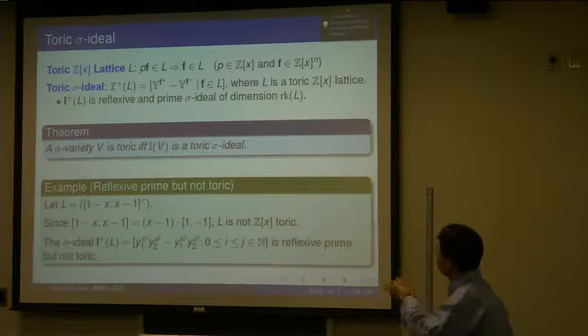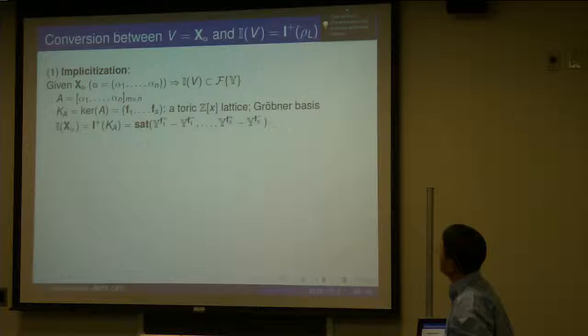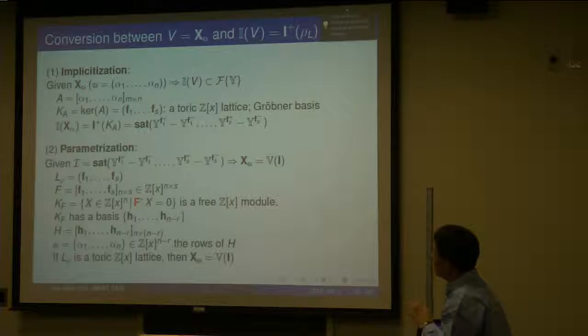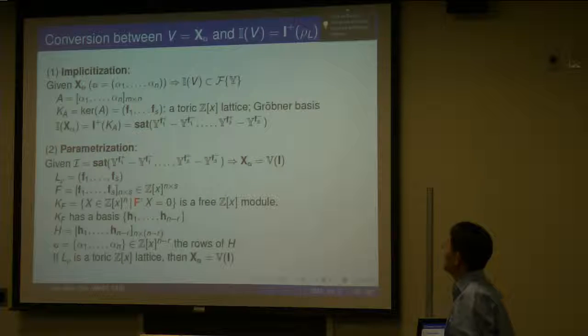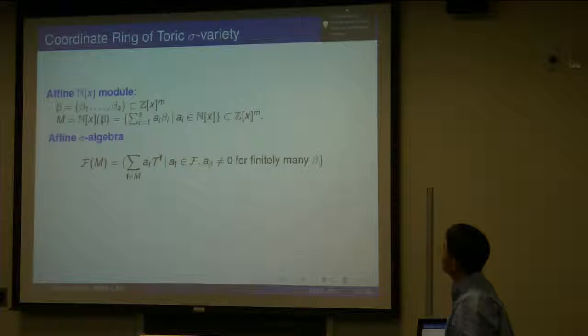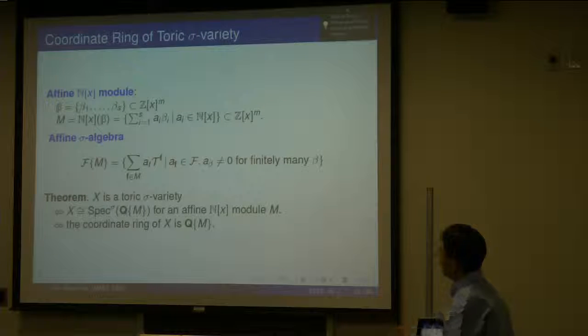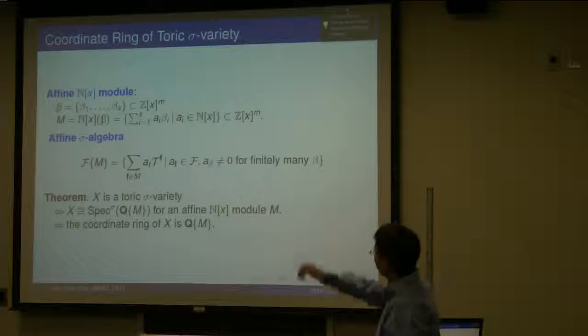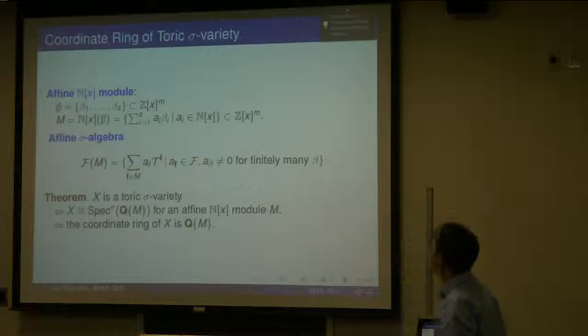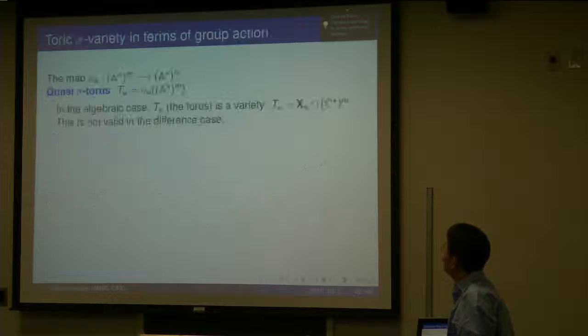So these are similar results. Here the algorithms are real; we can do real computation. We can also know the coordinate ring of a toric variety, which is something like an affine Z[x]-module.